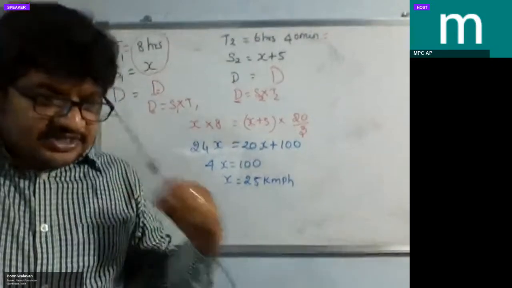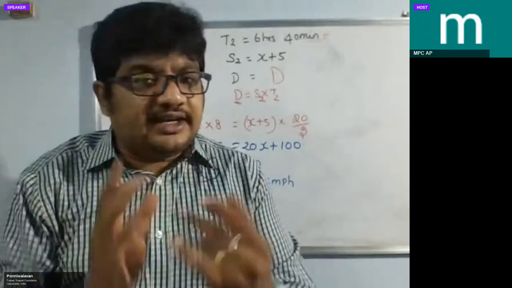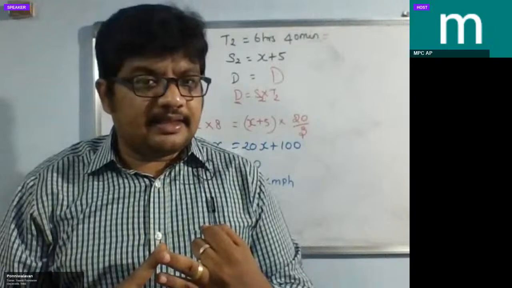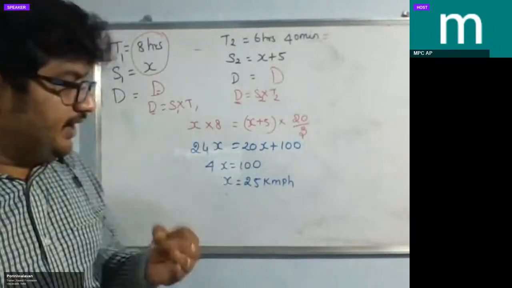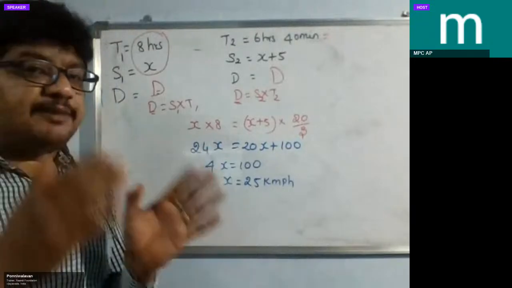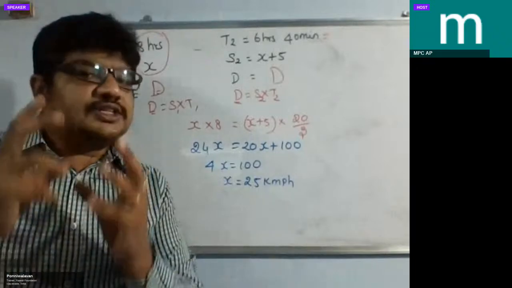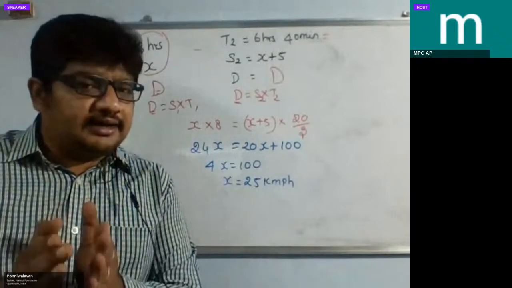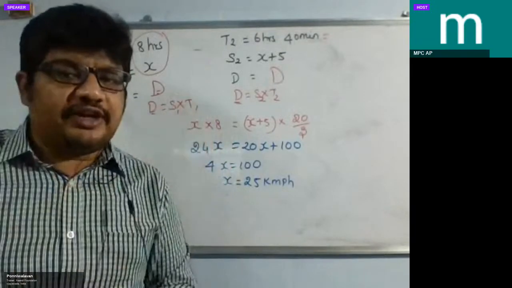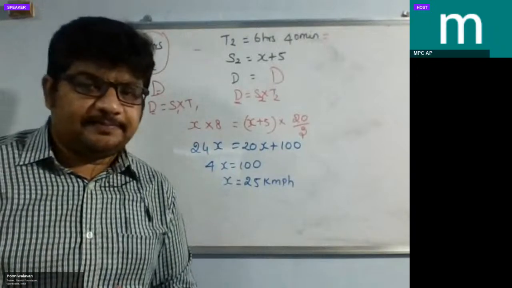In the first question we find distance, in the second question we find the time. Sorry, speed. Here also we are finding the speed. So different types of questions but the same model. This is one of the important types of time and speed problems: analyzing two datas and finding the unknown things.